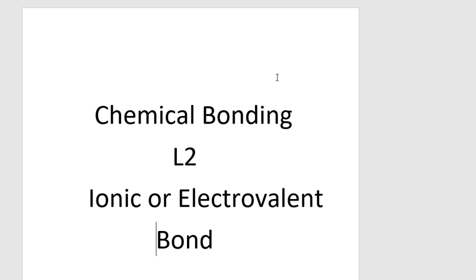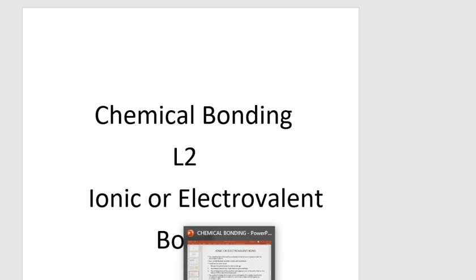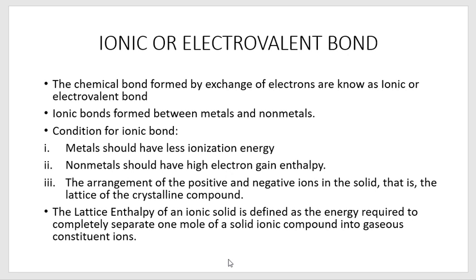So the first important thing is this: the chemical bond formed by exchange of electrons is known as ionic or electrovalent bond.